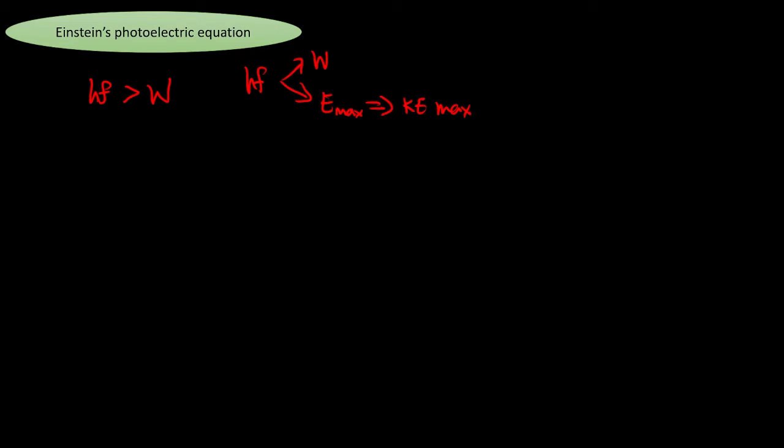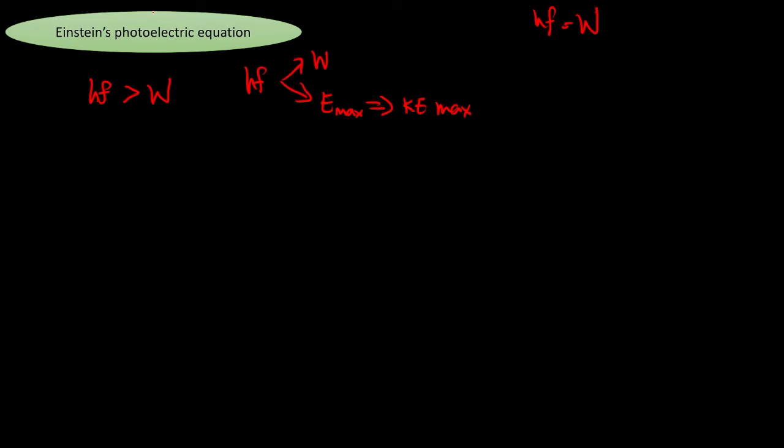If hf is equal to W, then this photon will not have extra energy for the photoelectron to move. Means the photoelectron just emits from the surface and stays at rest at the metal surface. But if your hf is greater than W, then this hf will give extra energy to the photoelectron and cause the electron to move with some velocity.